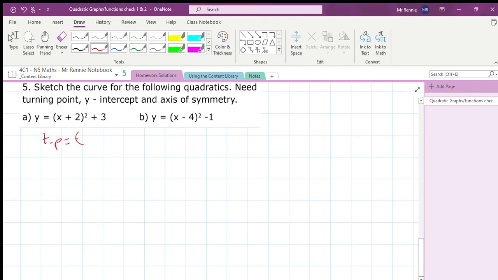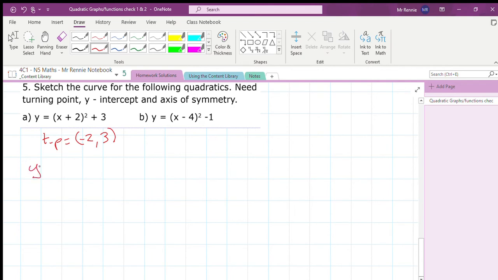Well, it's the reverse of what we've done. What we do is we use the number in our equation to get it. So remember the number inside the bracket changes its value. So we get negative 2, and then that becomes 3 there. So my turning point is negative 2, 3. We'll then work out the y-intercept.